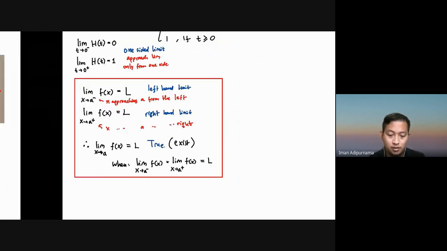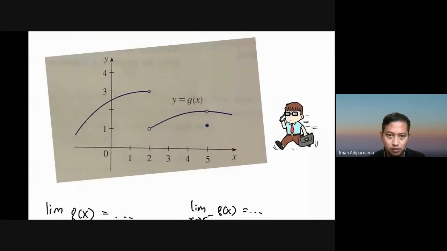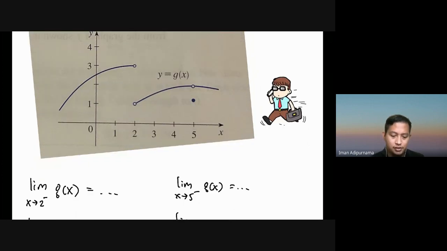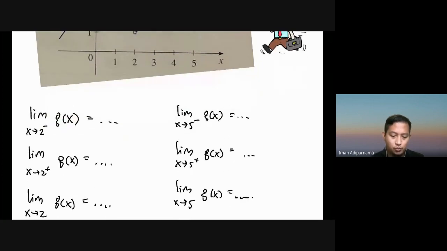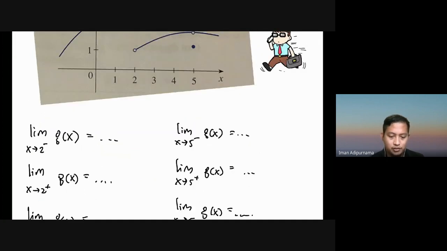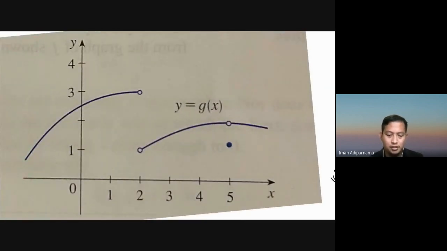Okay, let me give you an example here. I have the function g. If you look at function g and the questions, we are approaching at least two cases, 2 and 5. So let's look at 2 and 5 here. The first case, we are approaching 2 from the left and from the right.